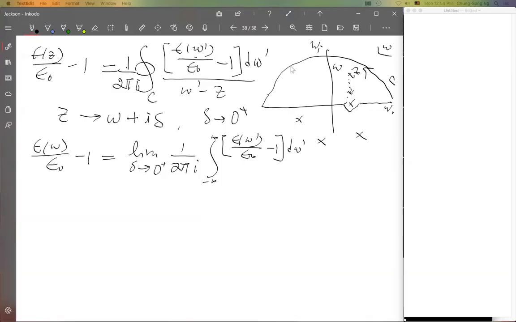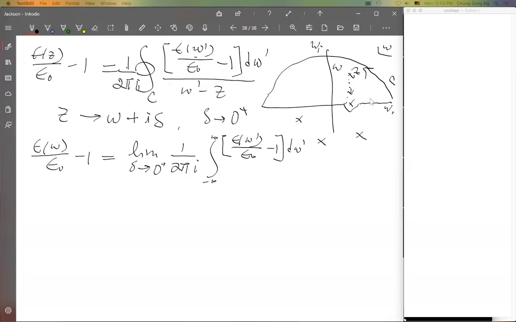The integration along this path will give you order omega, and then you still have a 1 over omega squared here. So the whole thing after integration still decays as 1 over omega squared when omega goes to infinity. So the integration along this semicircle is 0. Okay, so we don't need that part.